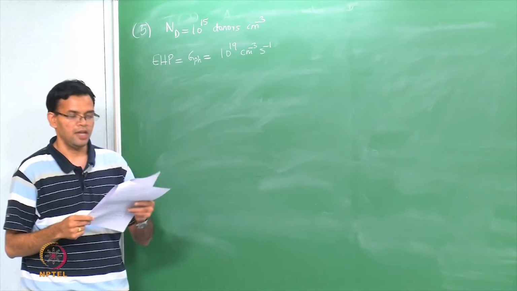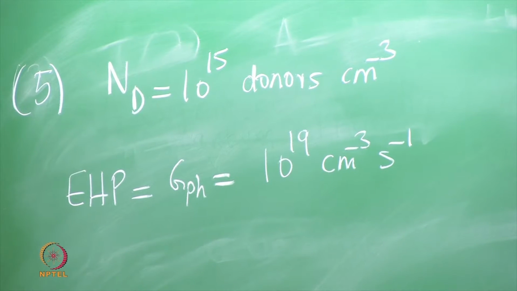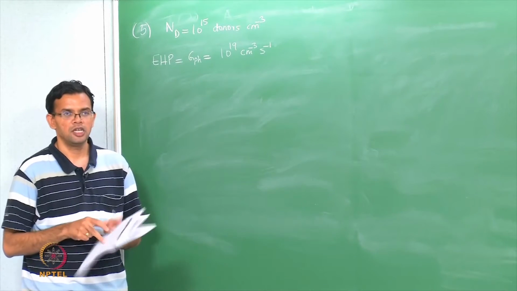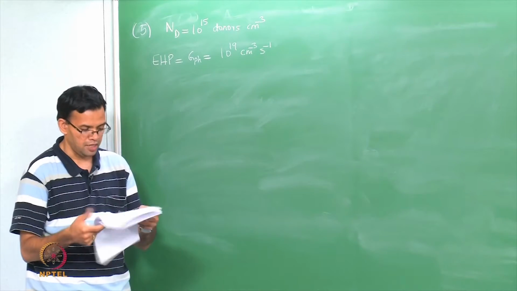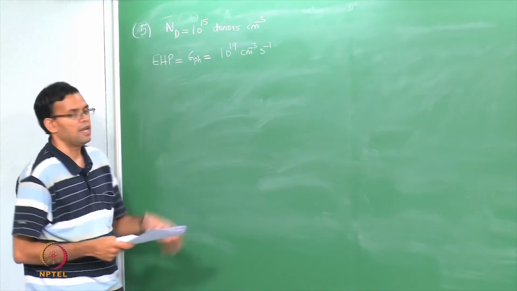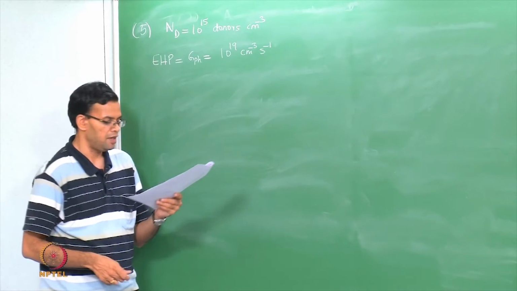We need to find the separation of the quasi Fermi levels, which we will talk about in a minute, and the change in conductivity upon shining the light.